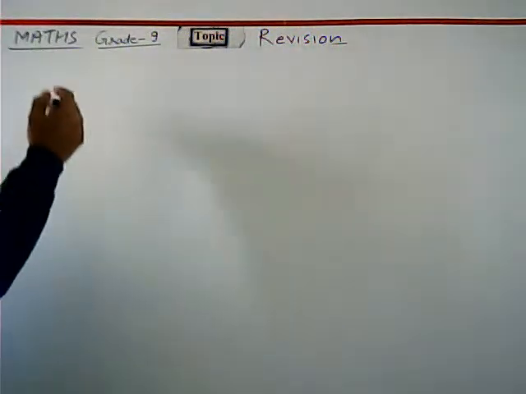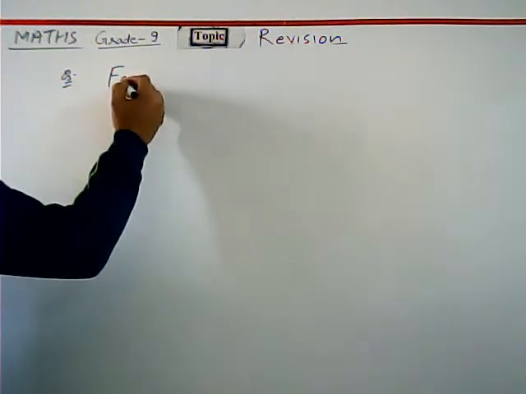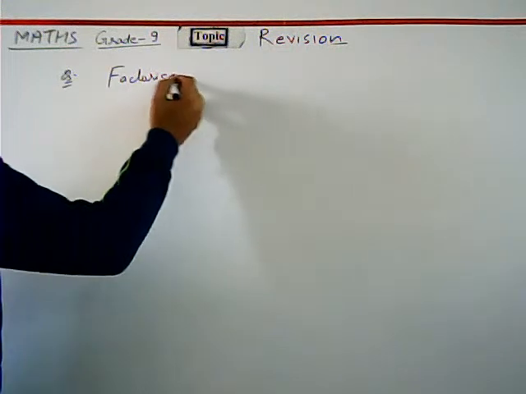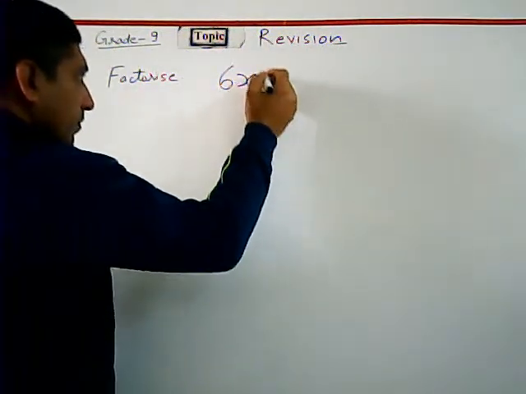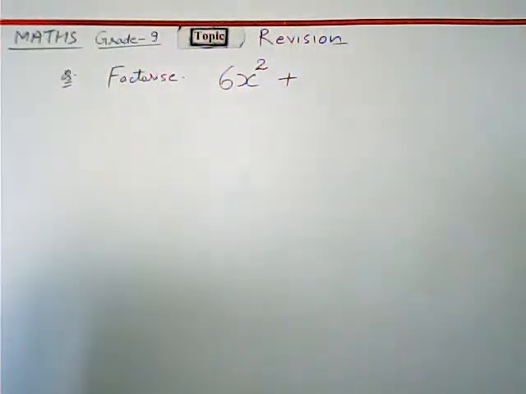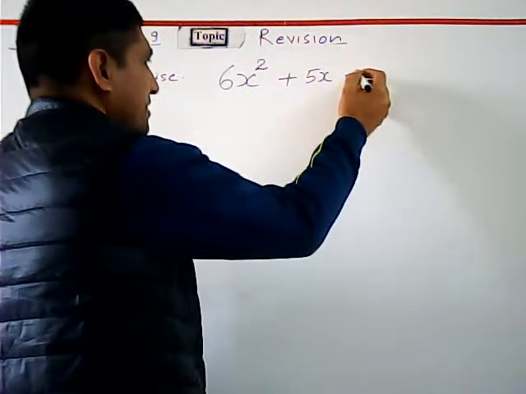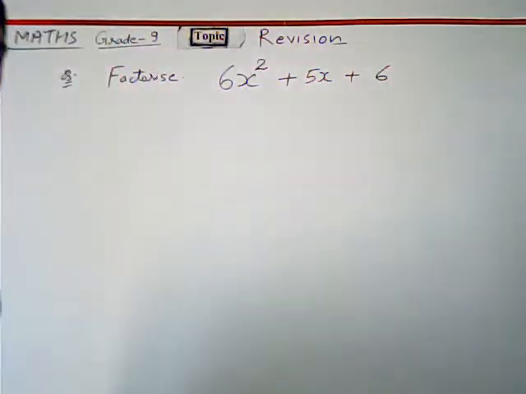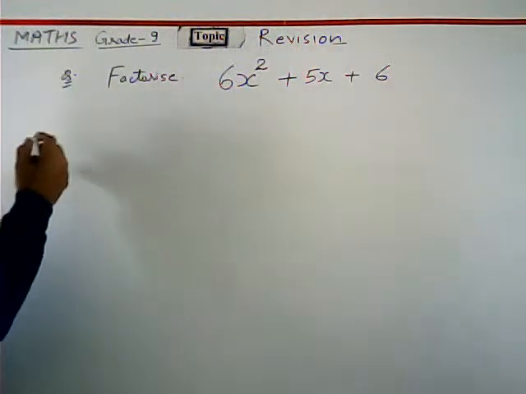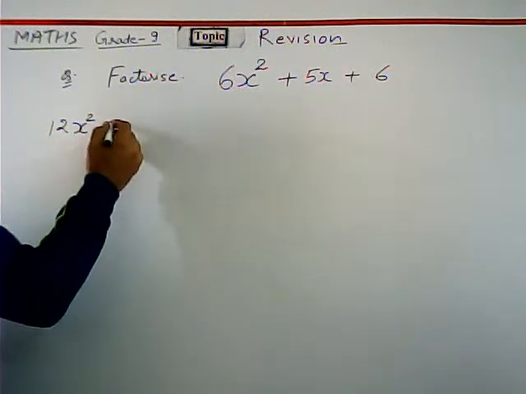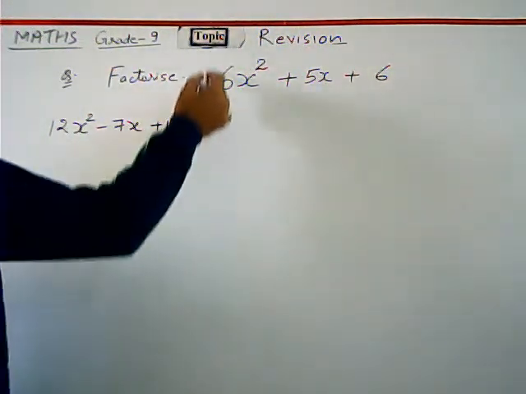Factorize 6x^2 + 5x - 6. Factorize it. One more: 12x^2 - 7x + 1, right?